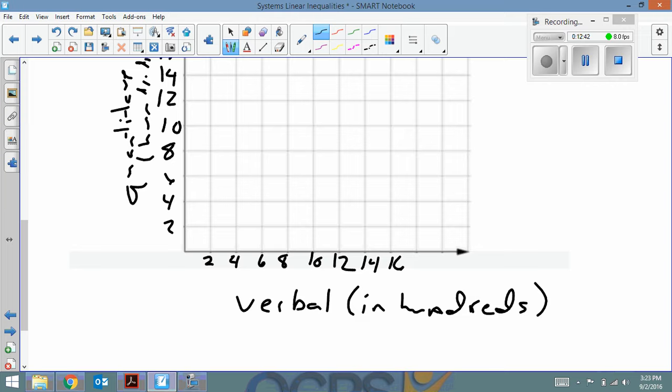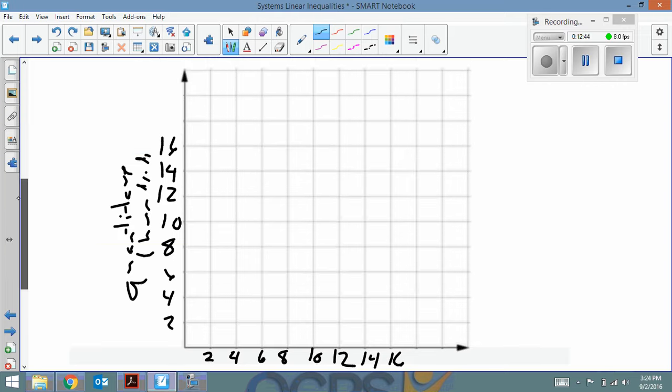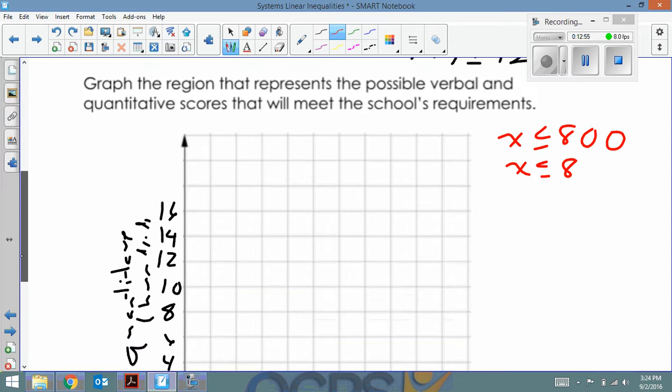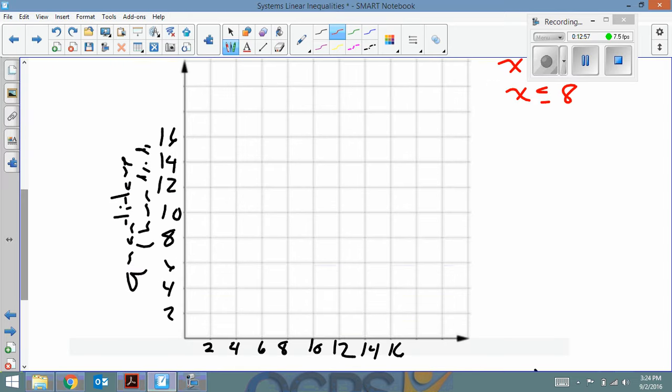All right, so we got our two scores here. Our first equation is x is less than or equal to 800, which in our scale is x is less than or equal to 8. Remember, x is a vertical line. Since it's equal to, that means it's going to be a solid line.